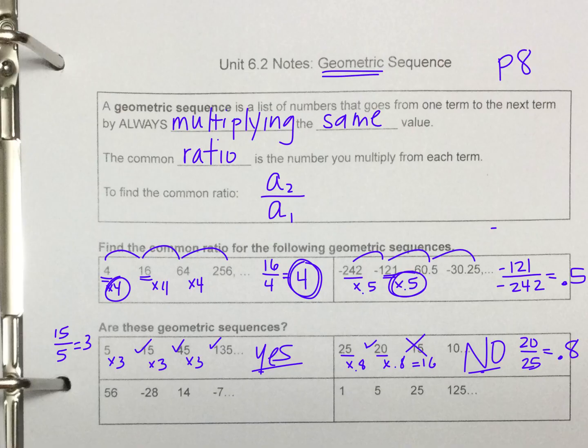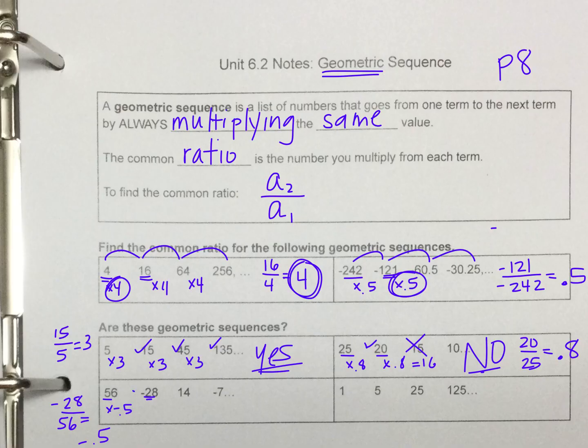Let's check this one. Negative 28. So divide the second one by the first one. You always got to put the second one on top. And I get negative 0.5. So 56 times negative 0.5 is negative 28.